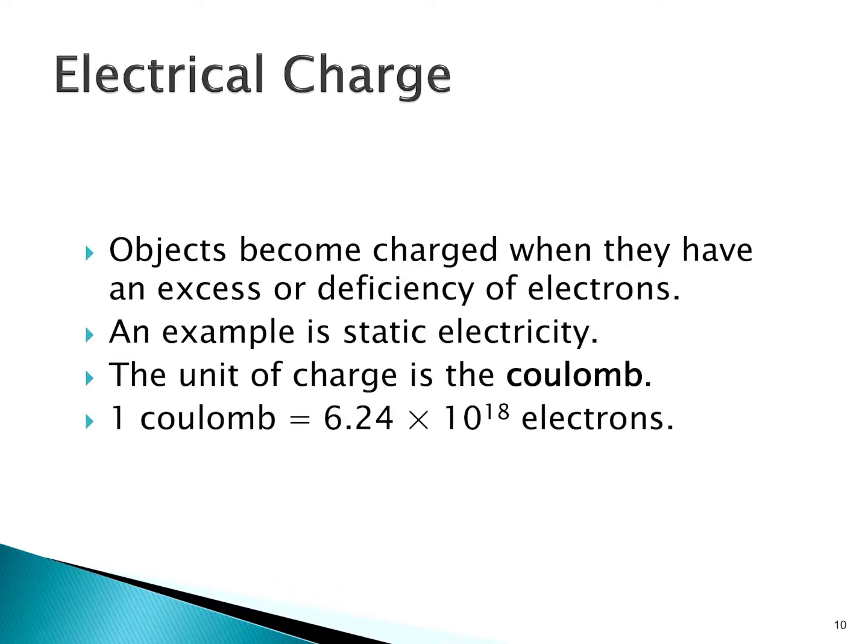So how do we actually describe electric charge? Objects become charged when they have an excess or deficiency of electrons. So remember, an electron is a negatively charged particle, or a negatively charged object, if you want to think of it that way. So if that's the case, if we have an excess of them, we would have an excess negative charge. Okay, what about if we were deficient then?